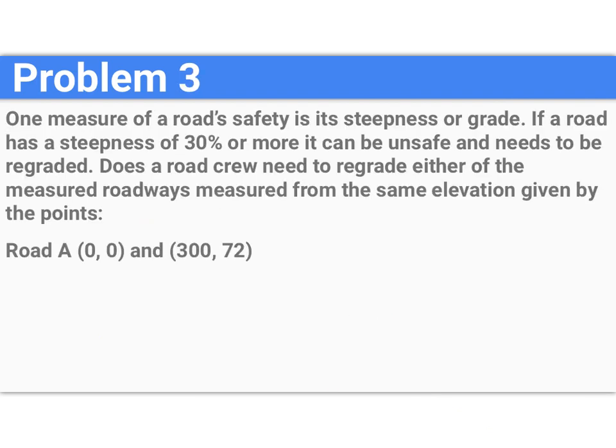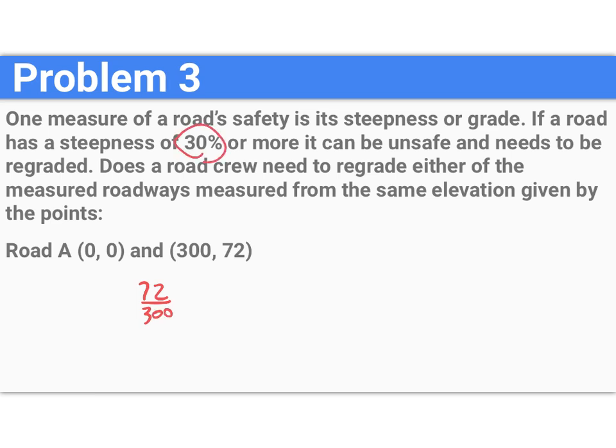Okay. One measure of road safety is the steepness of a grade. If a road has a steepness of 30% or more, it can be unsafe and needs to be regraded. Does a road crew need to fix this one? All right, so let's see what we got. We're just going to take 72 and divide it by 300.